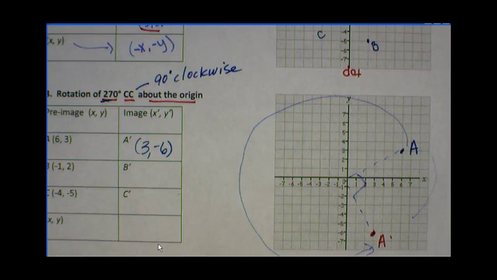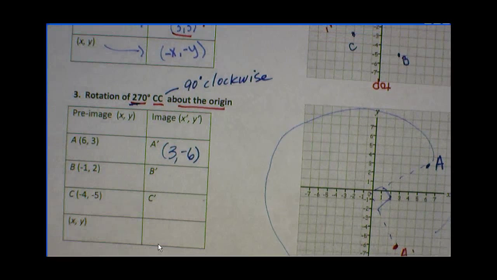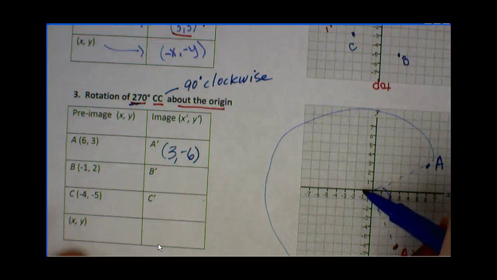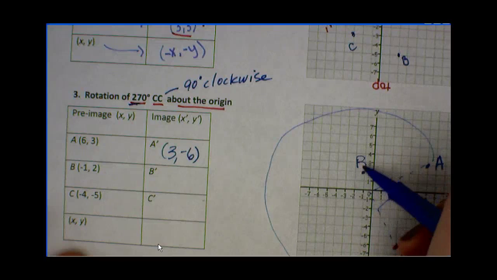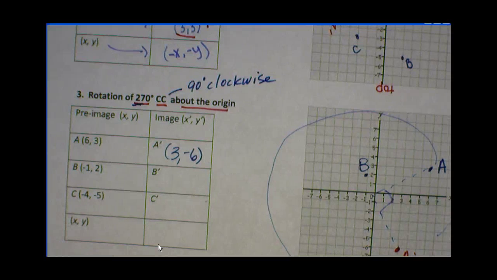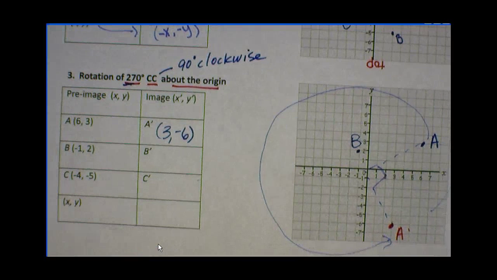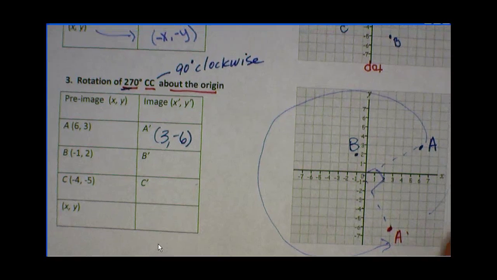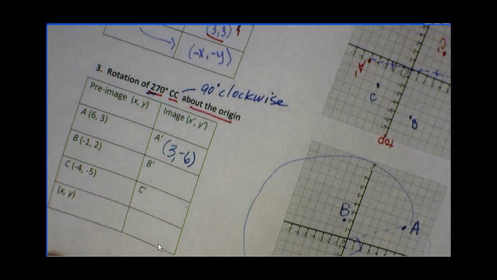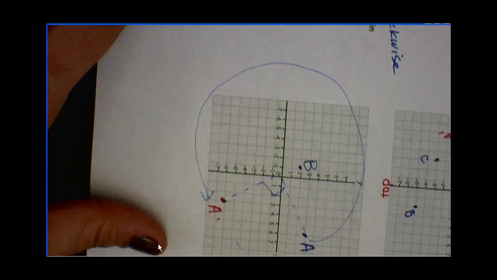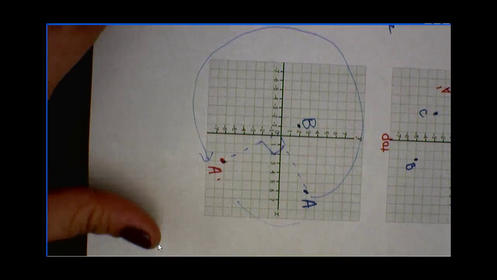Okay, let me show you another one like that. All right, so -1, 2 is your B. Instead of 270 degrees counterclockwise, which is turning my page 3 times, I'm going to go 90 degrees clockwise because it's the same thing. So I'm going to turn my page to the right once, which is the same as 270 counterclockwise. And I look at my coordinates.